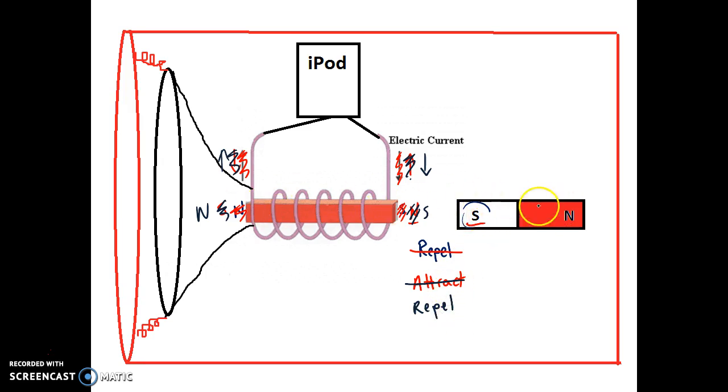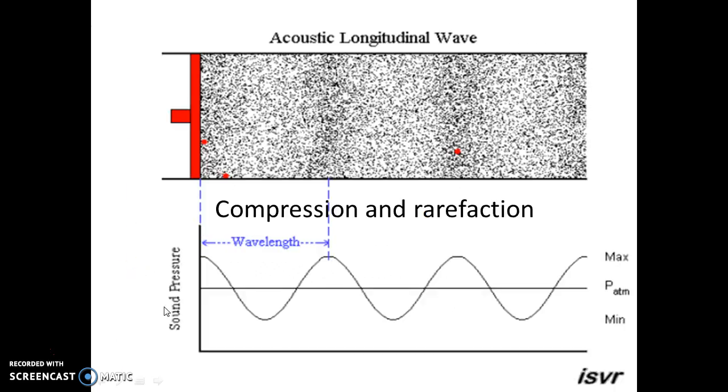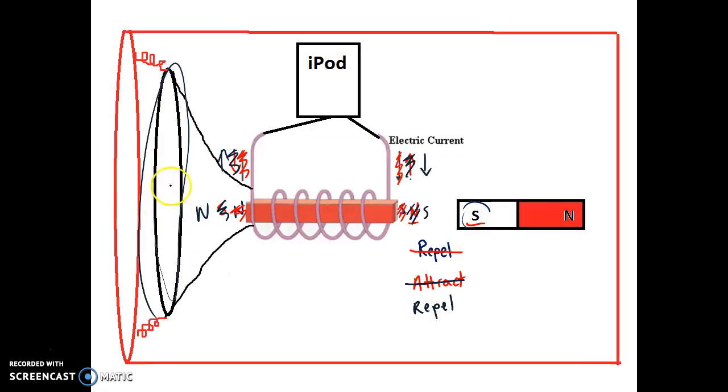So if you do this a number of times per second and attach this system to the cone of your speaker, this cone is either being repelled or it's being attracted, and then it's being repelled and then attracted again.